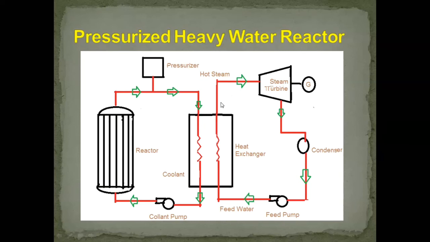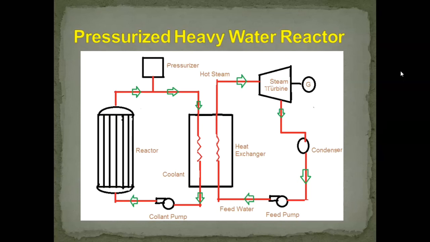Now the hot steam from the heat exchanger is passed to the steam turbine, to which the generator is coupled to convert mechanical power to electrical power. The output from the steam turbine will be given to the condenser, where the temperature and pressure will be lowered, and the steam will convert again into cold liquid water, and so on and so forth.